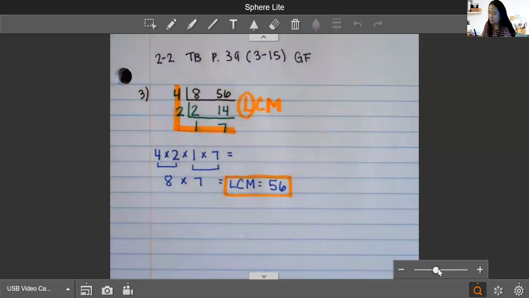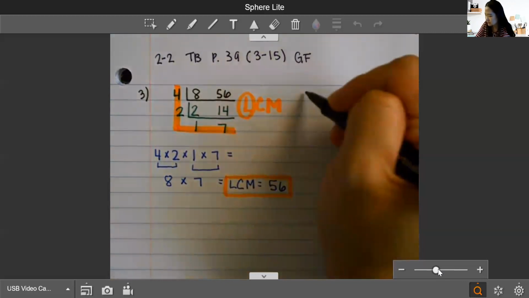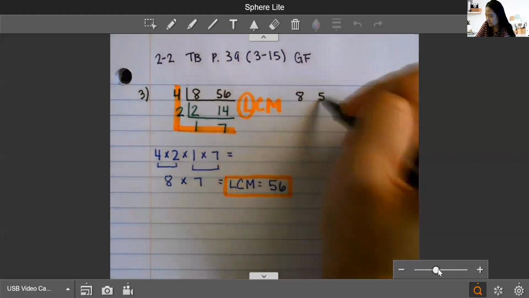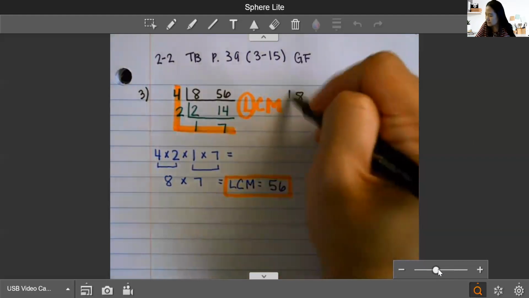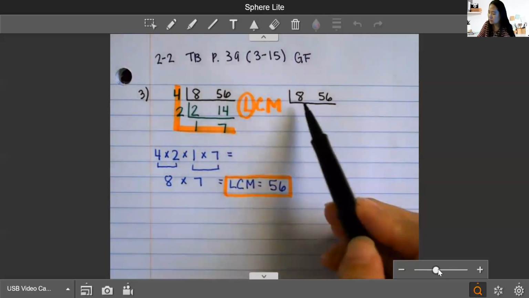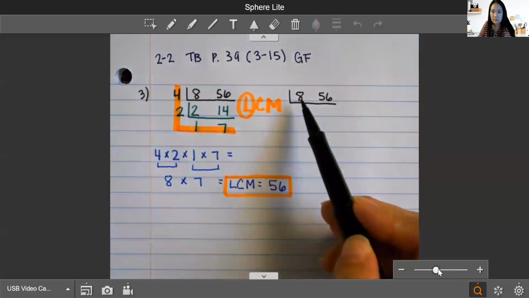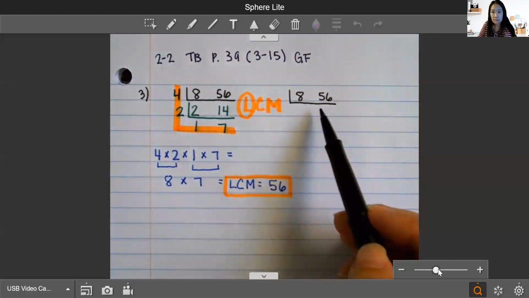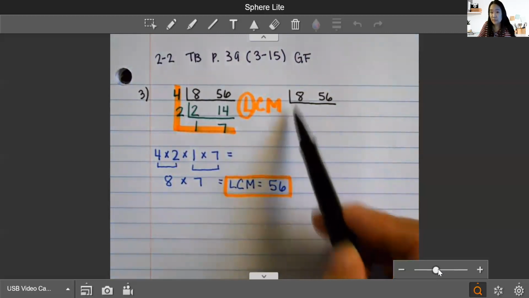The shortcut that I want to talk about is this though. So when you have 8 and 56, you might want to first ask yourself, does the smaller number go into the bigger number? Does 8 go into 56?